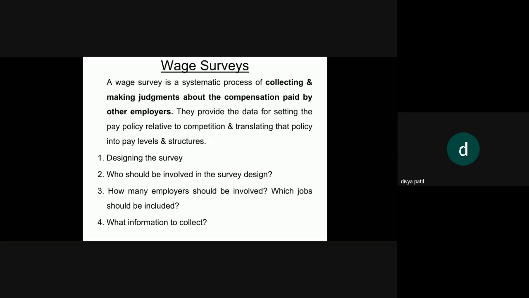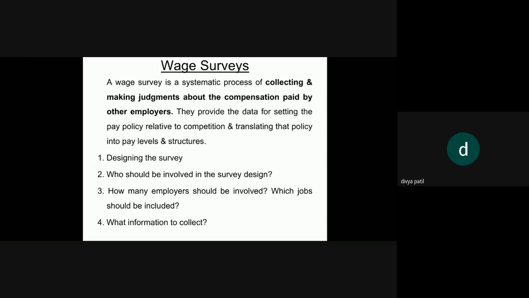What method of survey do you want to conduct? Please recall your research methods, which you went through in your second semester subject, right? Research methods. Once you design the survey, a type of survey you decide, you should decide who should be involved in the survey design, who your targeted respondents are, and who will be collecting the information.